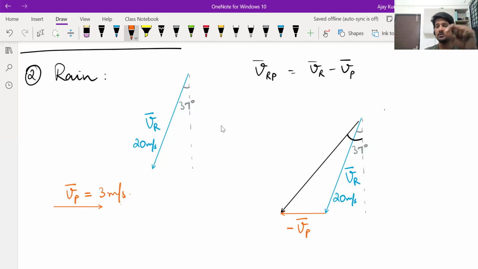Find out the angle at which the raindrops appear to fall and the speed with which they appear to fall. You have to find out the angle at which the raindrops appear to fall, meaning this angle with the vertical only, and the relative speed with which they appear to fall.